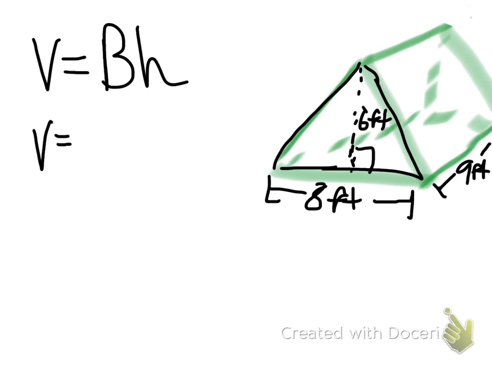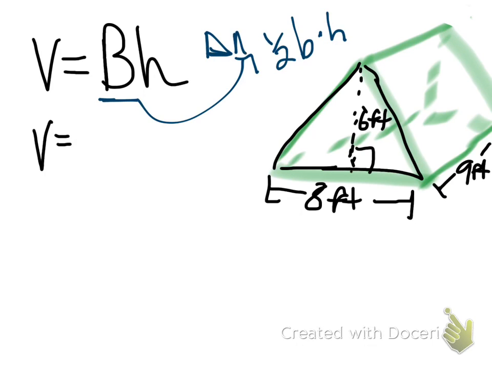So my volume equals my base area. Remember, the base area is 1/2 base times height for a triangle. Triangle area equals 1/2 base times height. So I can plug that in. My height, remember, is the altitude, where it makes the right angle.